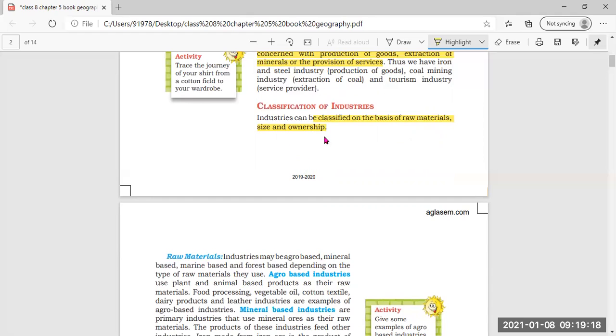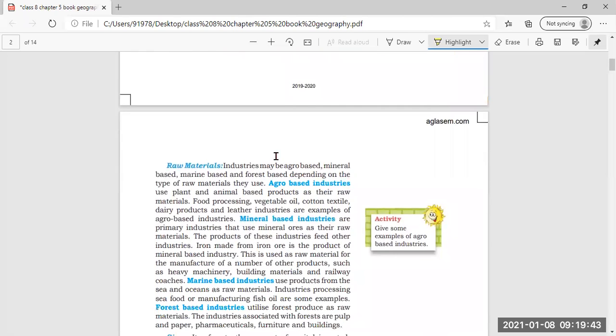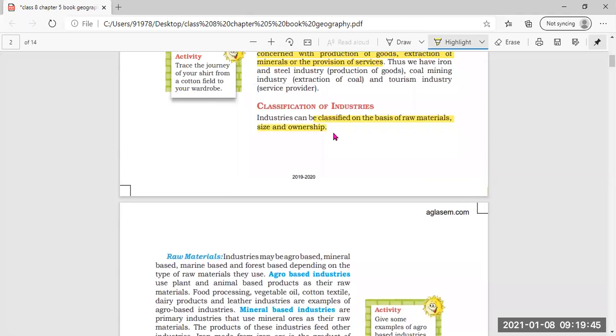It also depends upon the size, whether the industry is small scale or large scale. Then ownership also, whether that particular industry is owned by an individual or a group of individuals, whether it is state owned or privately owned. All this is the classification of industries.